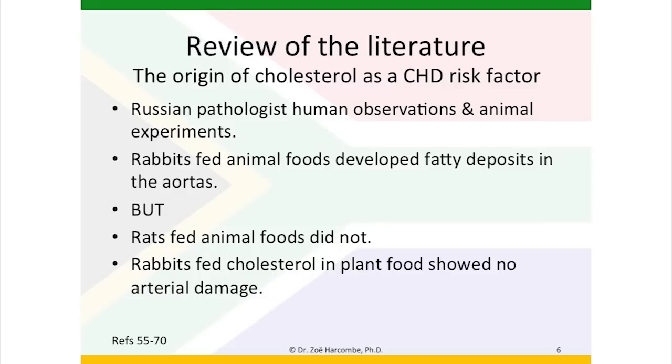Particularly they studied rabbits, and rabbits were fed animal foods and then developed fatty deposits in their arteries. But rats fed animal foods did not develop the same arterial damage, and rabbits fed cholesterol in plant food showed no arterial damage.